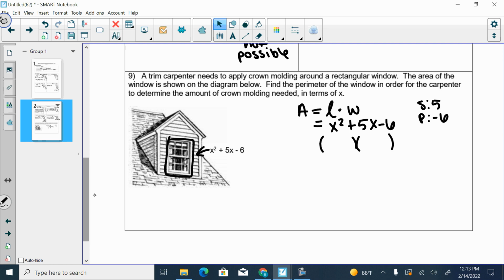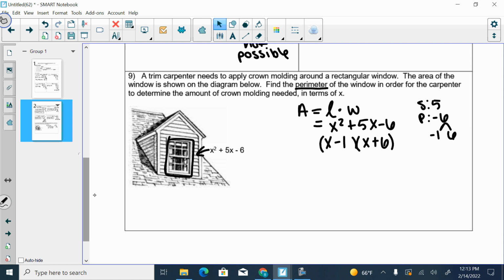Very good. Right, adds to give us +5, multiplies to give us -6. So in our parentheses, we got x minus 1, x plus 6. All right, so we found the factors, but they said they want us to find the perimeter. Well, how do you find the perimeter of a rectangle?